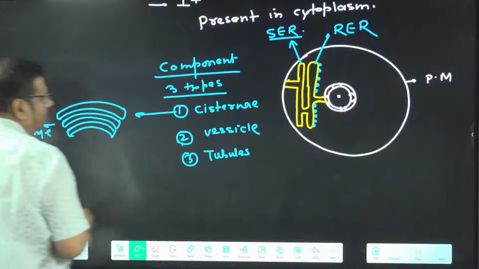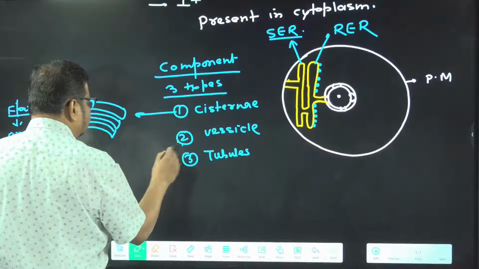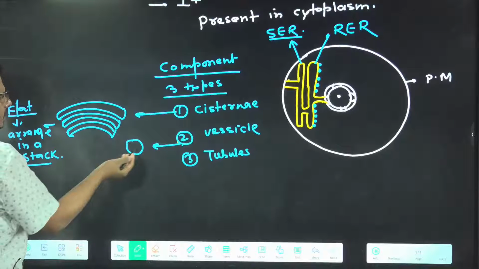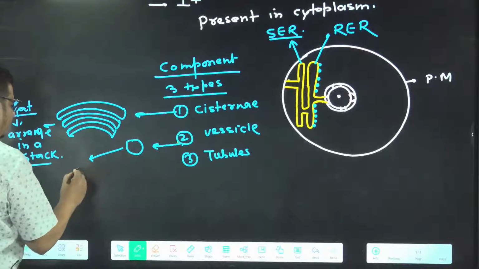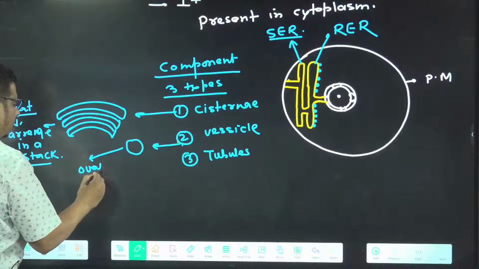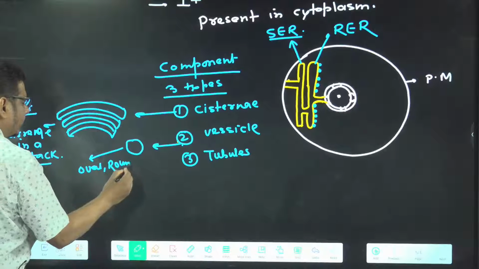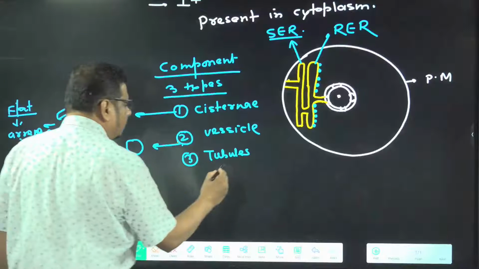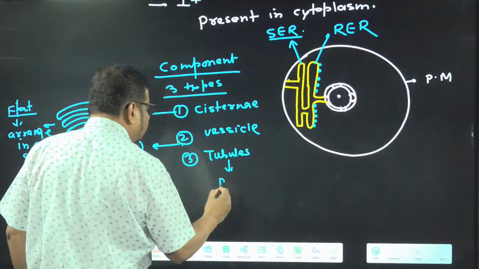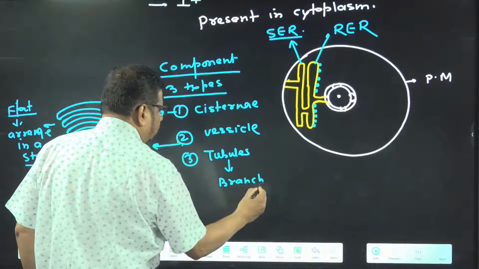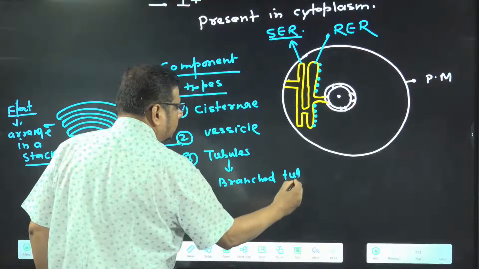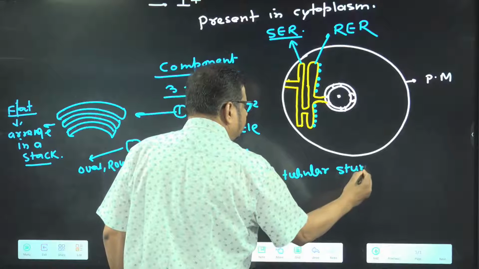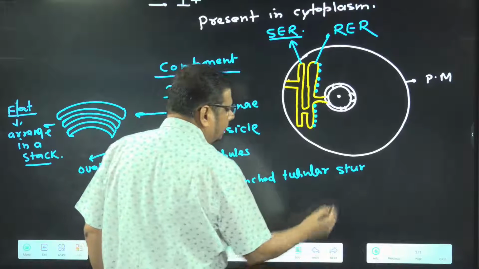These are called cisternae. If you talk about vesicle, a vesicle is a round or oval structure, a spherical structure. And if you talk about tubule, it is a branched tubular structure. So these are the three components.